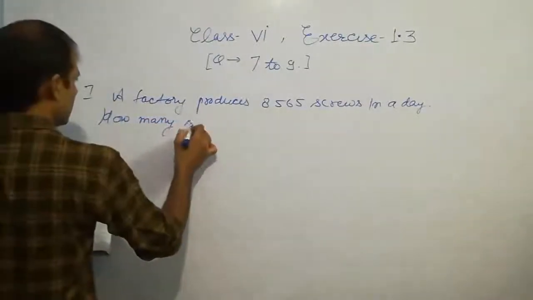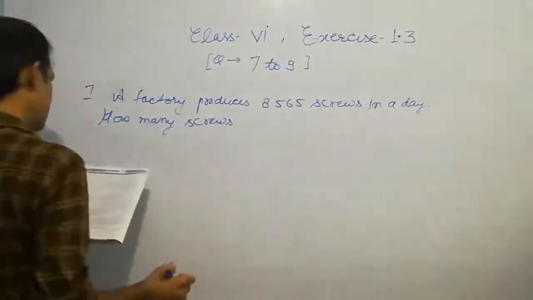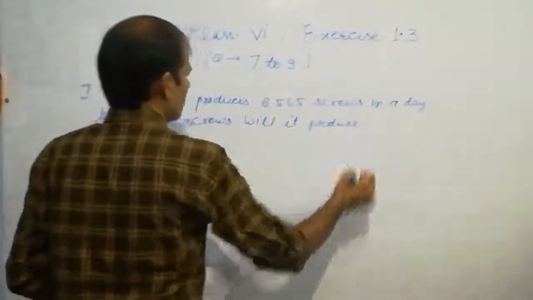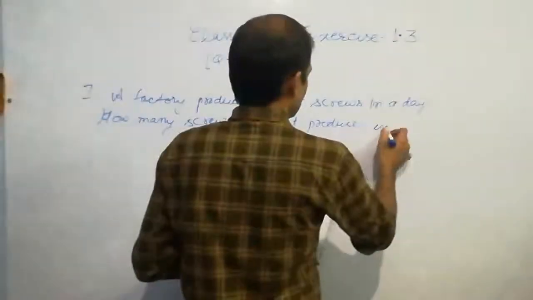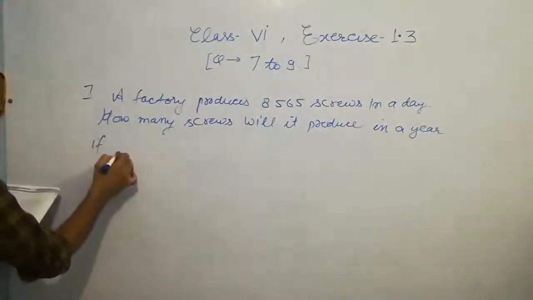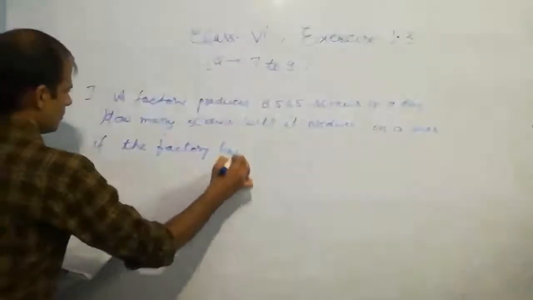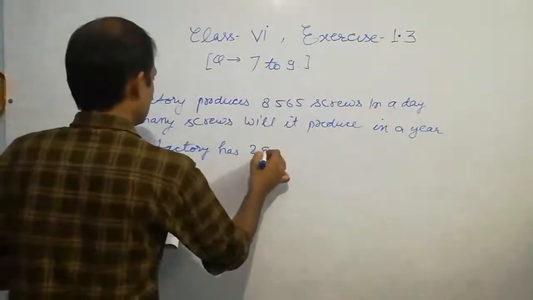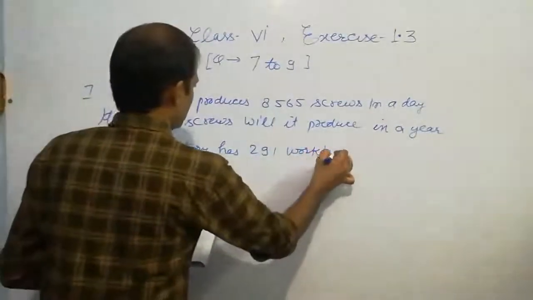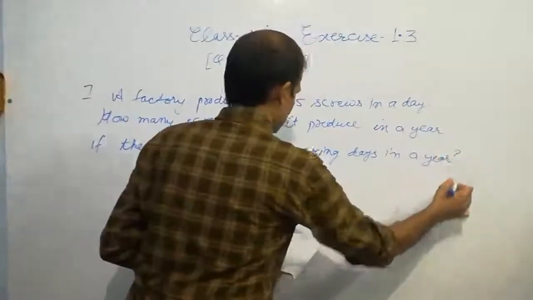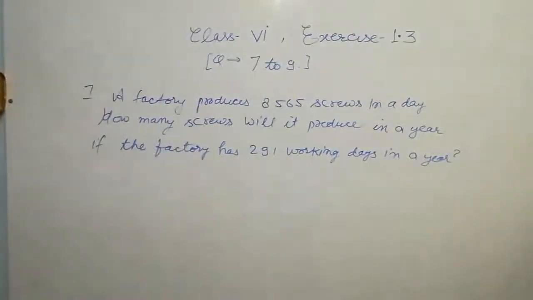How many screws will it produce in a year if the factory has 291 working days in a year.